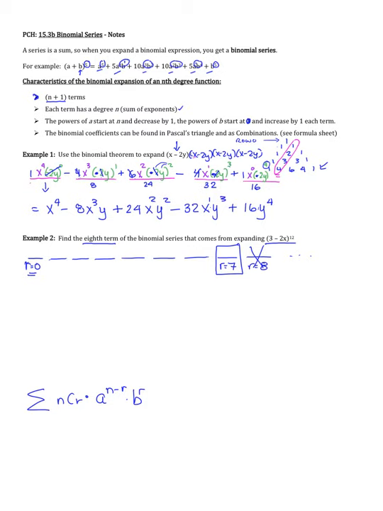So the first thing I'm going to do is figure out the coefficient that would be in Pascal's triangle. Well, I know that n is 12, and r in this case is going to be 7. That's what would be in the 8th position. So what is 12 choose 7?